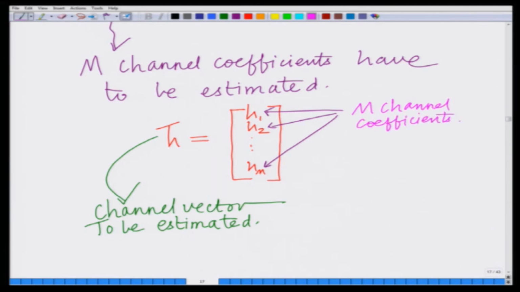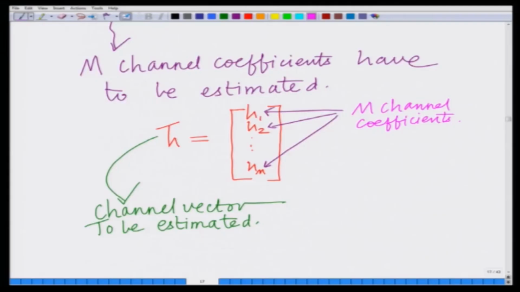So, naturally a multiple antenna system in which there are multiple antennas and therefore multiple channel coefficients, this naturally leads to a necessity and a paradigm of vector parameter estimation, right. So, we can no longer be satisfied by simply considering scalar parameters, that is individual parameters, but we have to look at a group of parameters, that is parameters which are grouped as a vector. That naturally leads to the requirement and the necessity of vector parameter estimation.